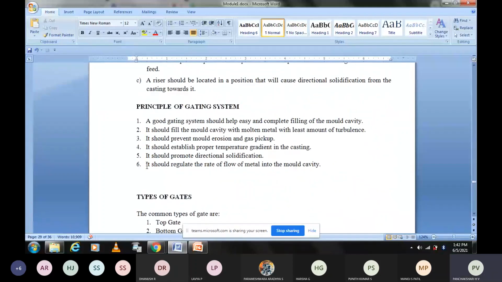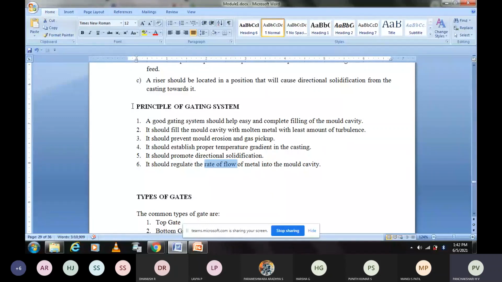It should regulate the rate of flow of metal into the mold cavity. If properly designed, the rate of flow depends upon the size of casting, size of mold cavity. Bigger the cavity, larger the rate of flow. Smaller the cavity, smaller the rate of flow. Like that, it has to be properly designed.